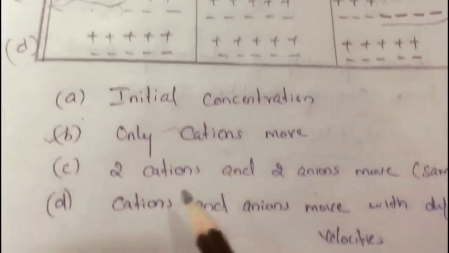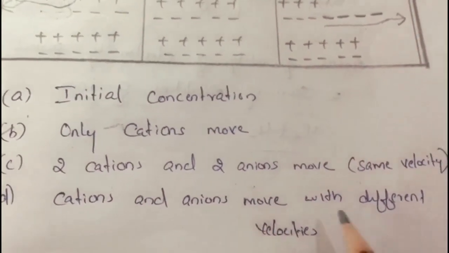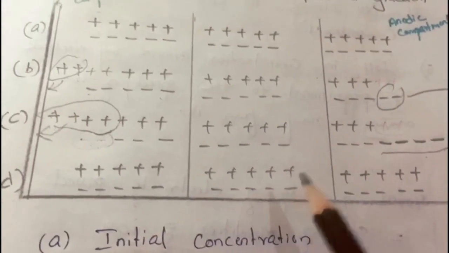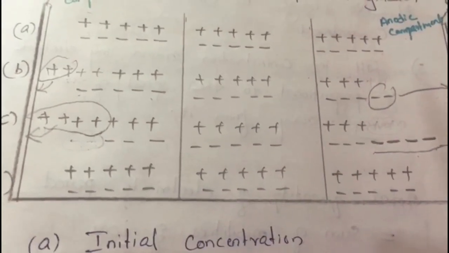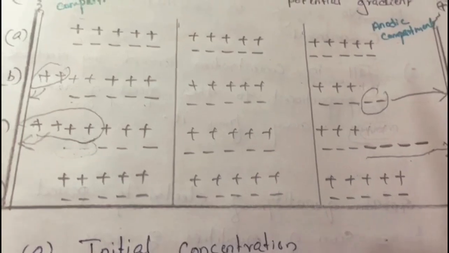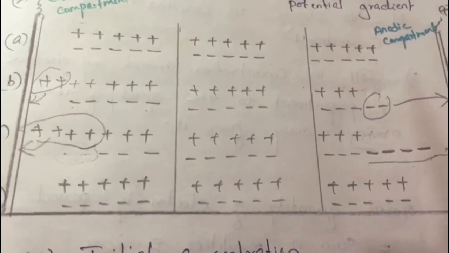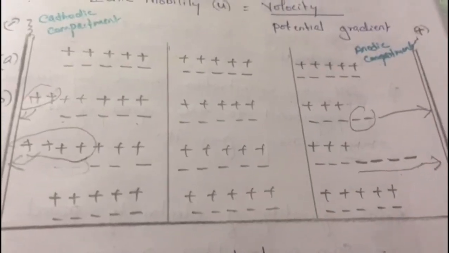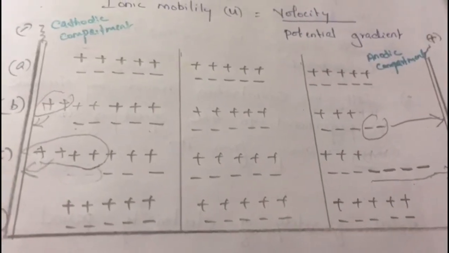Now the last condition. What is the last condition? Cations and anions move with different velocities. So here suppose 2 cations and 3 anions are moving with different velocity, or we can write 3 cations and 2 anions are moving with different velocities. So we can write here 3 cations are moving and 2 anions are moving.